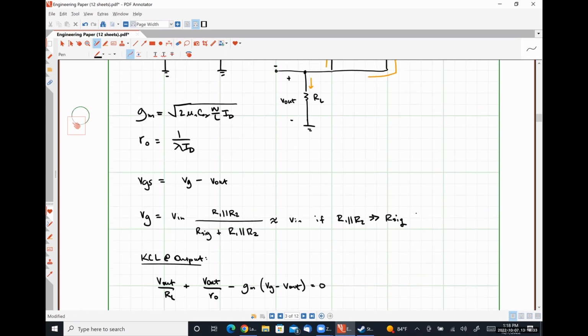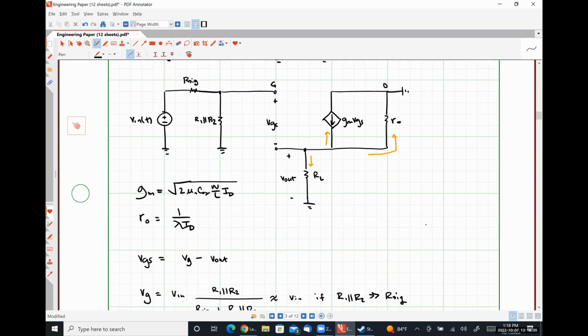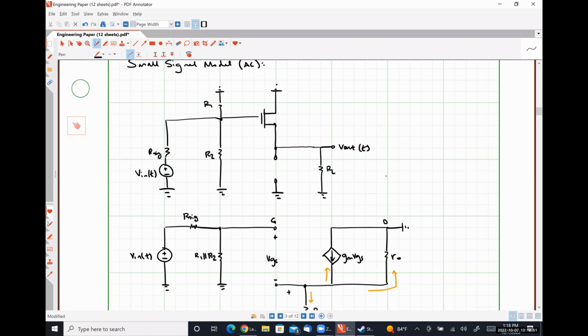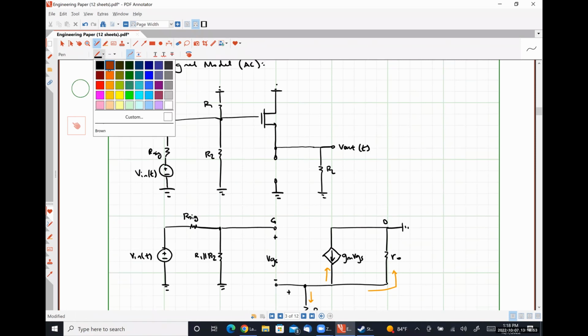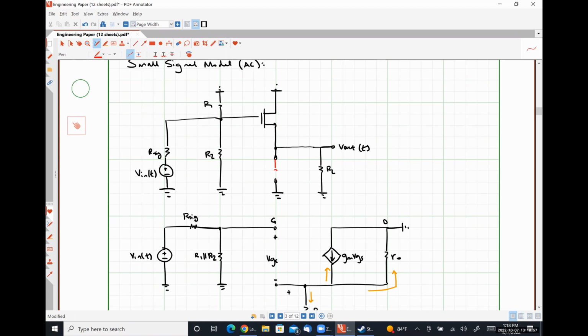Let's talk briefly, incredibly briefly, about what would happen if we were including a current source resistance here. The current source resistance, open circuit, it'd be a path to ground. It's going to be in parallel with RL. Exactly right.